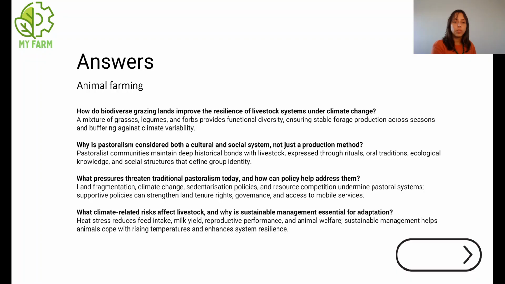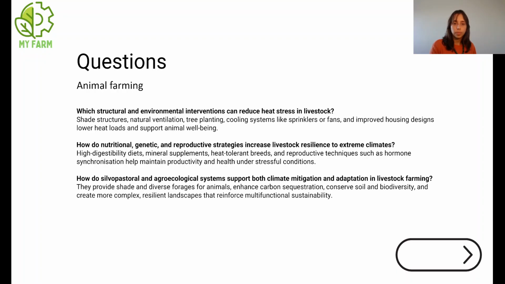What climate-related risks affect livestock, and why is sustainable management essential for adaptation? Well, heat stress, reduced feed intake, milk yield, reproductive performance, and animal welfare, and sustainable management helps animals cope with these issues, enhancing system resilience. A few more answers.